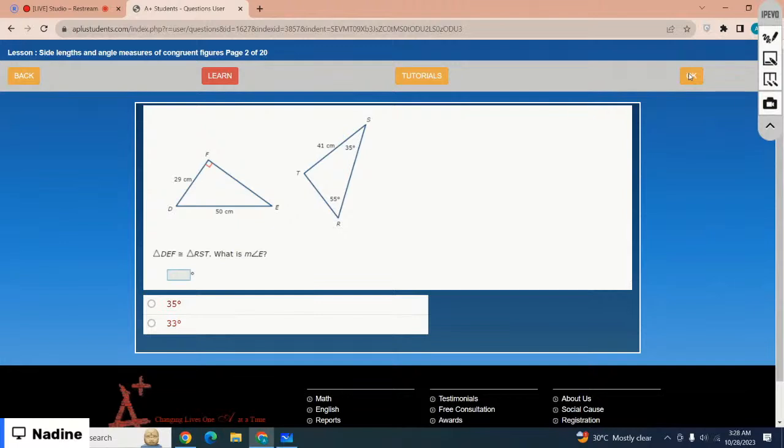Triangle DEF and triangle RST are congruent. What is the measure of angle E?